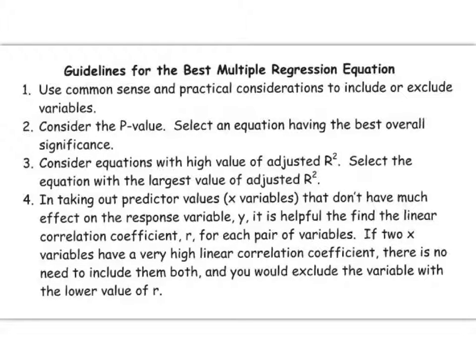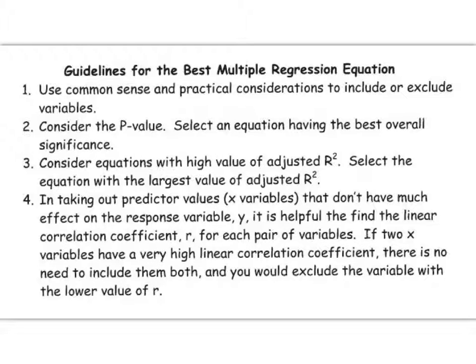So when you have more than one variable, you need to make sure that all of your variables are going to make your model as accurate as you can. So you have to use common sense. You have to consider the p-value.